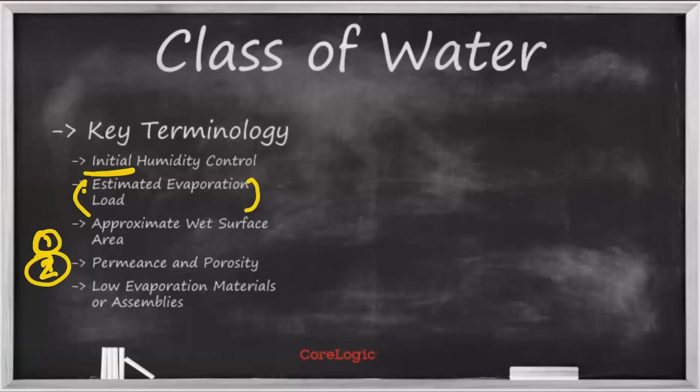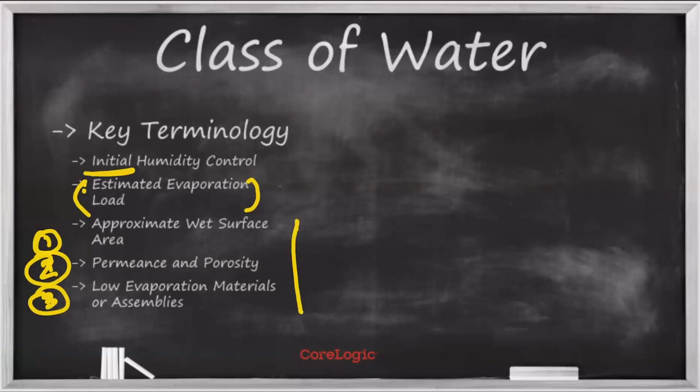And then finally, if I don't have high permeance and high porosity, are all of those surfaces low permeance, low evaporation surfaces, surfaces where the water is hidden, trapped, or bound, or otherwise difficult to remove? These three criteria all set up my class of water.